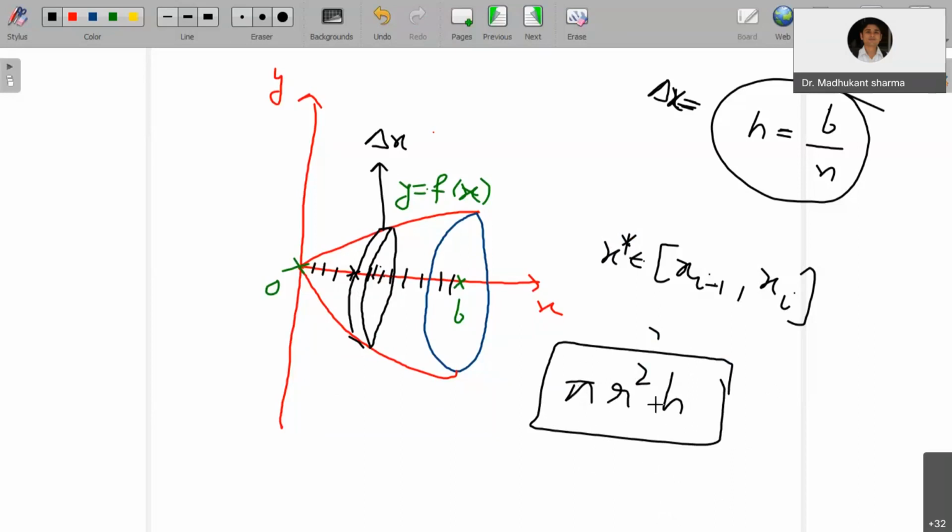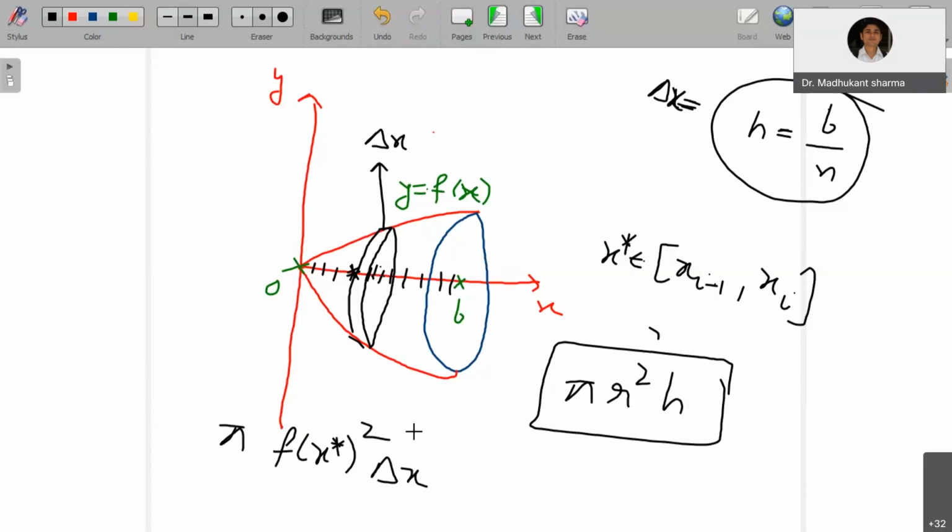Here h is delta x. What is r? r is the radius. At the last point you have f of x i, at the previous point the height is f of x i minus 1, and you tag a point, so that's going to be f of x star, squared, times pi.